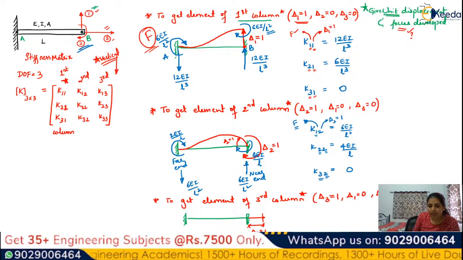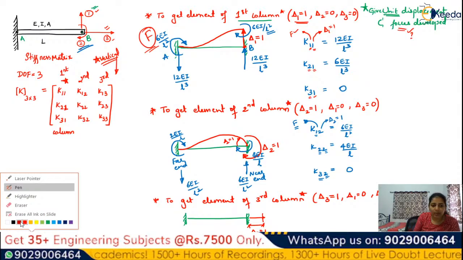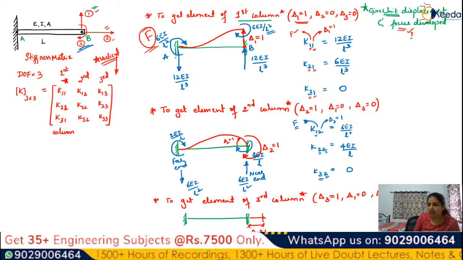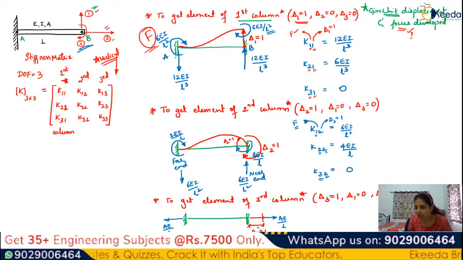So if we apply horizontal displacement, there will be only horizontal forces developed. Okay, so axial force developed. So here the development will be AE by L and AE by L.